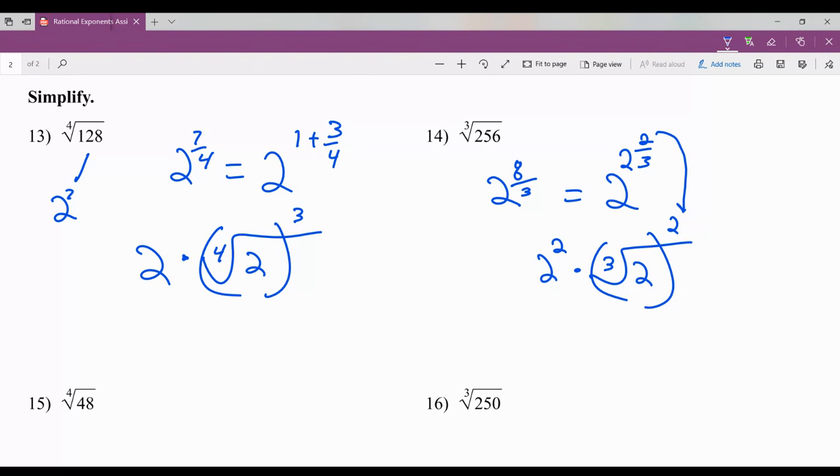That goes there. That goes there. And the 2 squared goes outside. So we can just call this 4 times the 3rd root of 2 being squared.